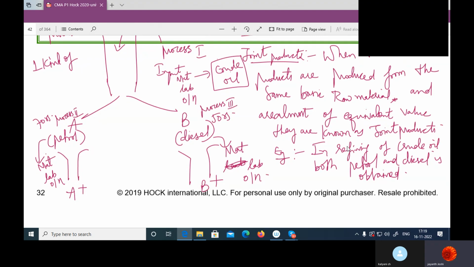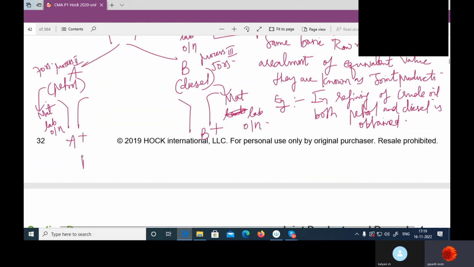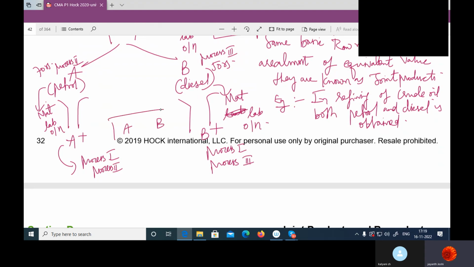So to make A plus, two types of process are involved, process 1 and process 2. For B plus, process 1 and process 3. But for A and B, what process is involved? Only process 1.